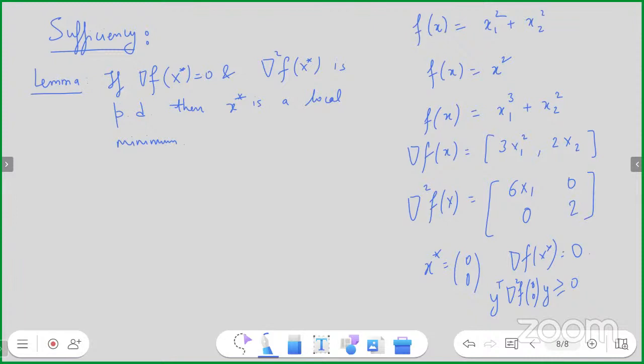Keep the x star, x equals x star plus epsilon y. f of x minus f of x star equals epsilon square y transpose Hessian of x star y plus order of epsilon cube.